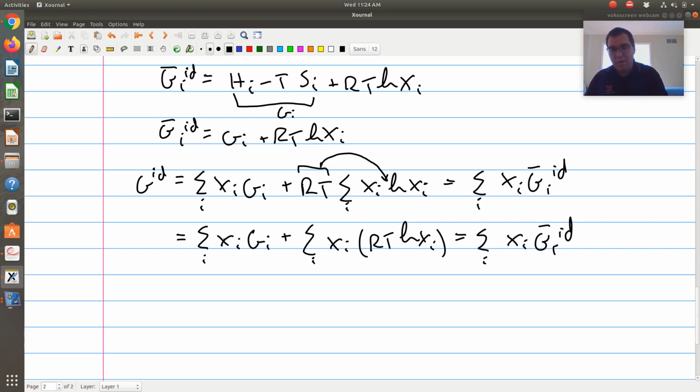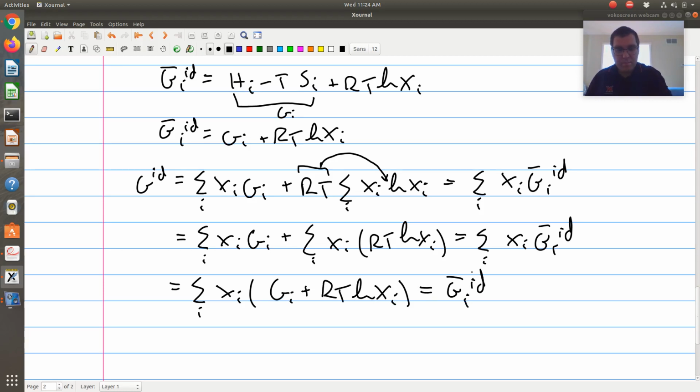Collecting terms, we get the sum over i of xi times (Gi plus RT log xi) equal to the sum over i of xi G bar i ideal.